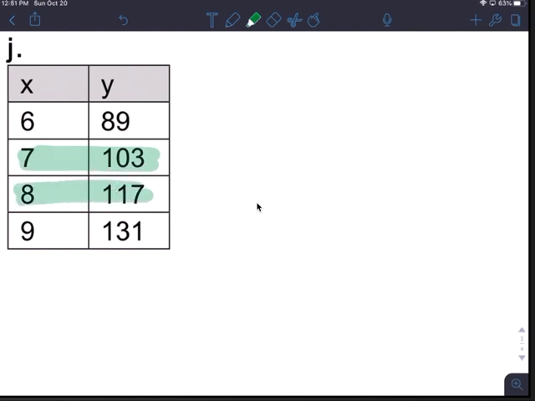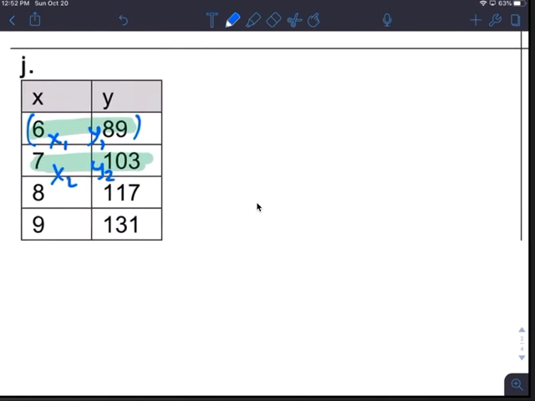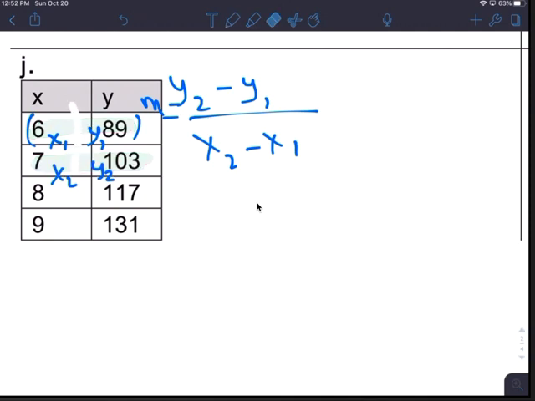You can choose any 2 points. I'm going to choose the first 2. The first one's the smallest number, and that's the second. X sub 1, Y sub 1. X sub 2, Y sub 2. Okay, so Y sub 2 minus Y sub 1, that's the rate of change formula, M equals over X sub 2 minus X sub 1. The Y's are right here.